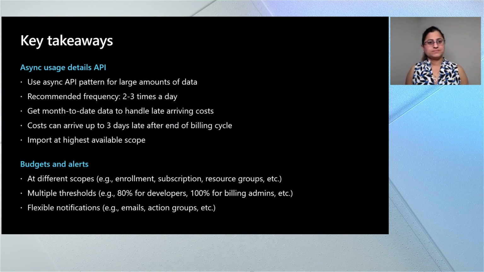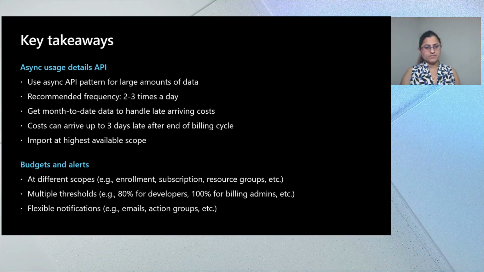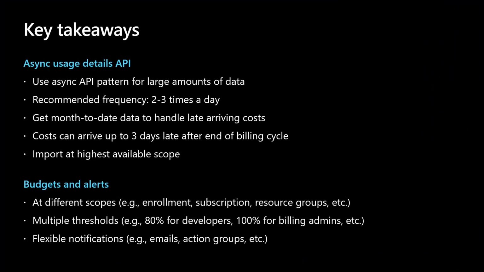Thank you, Mamta. As we wrap up, I would like to shed some light on the key points. Since usage details is the most granular data, for better reliability, we highly recommend you to use the async version of the API at a recommended frequency about 2 to 3 times a day. Considering the current usage flow, we recommend you to get the month-to-date data and use it as a snapshot.